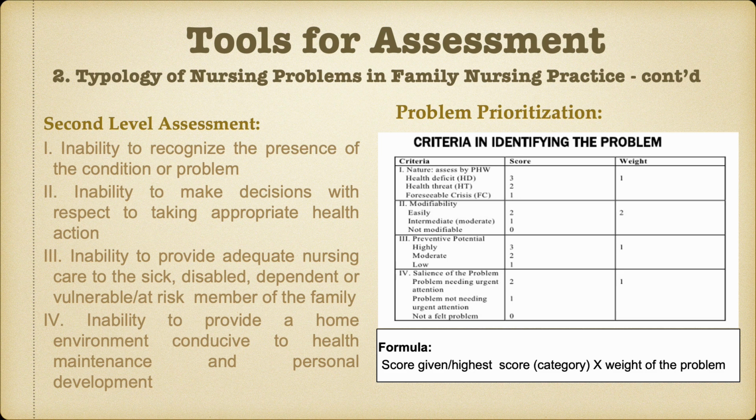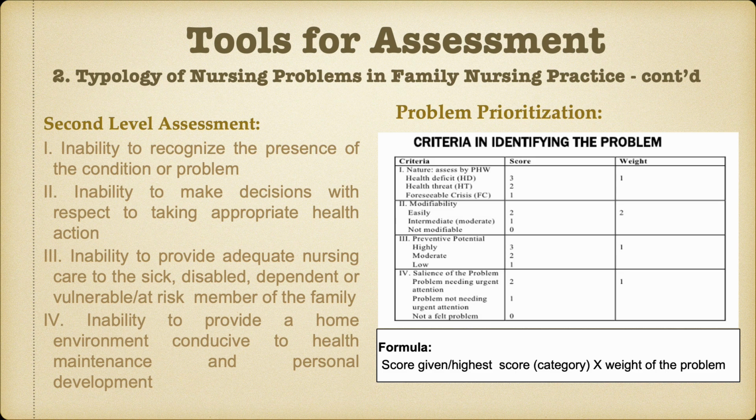Again, I would like to reiterate that the end result of the second level assessment is a set of family nursing problems for each health condition or problem. Okay? So after determining the family nursing problems for each health condition or problem, we will then proceed to the first step in developing the care plan, which is priority setting. So we will now do problem prioritization.